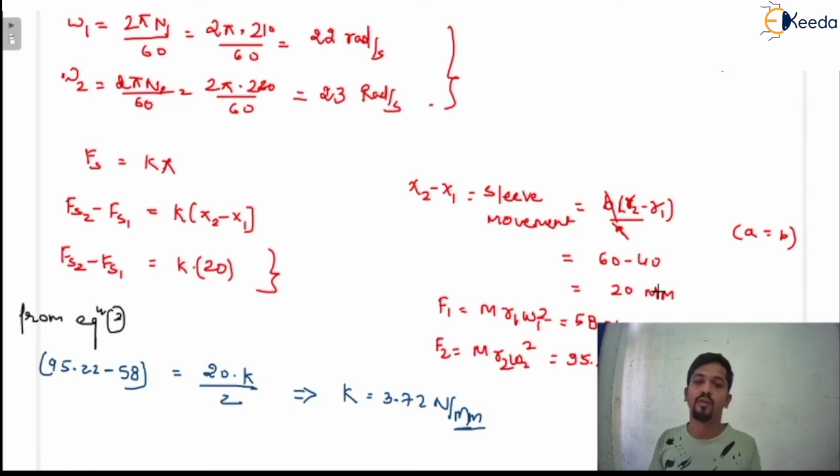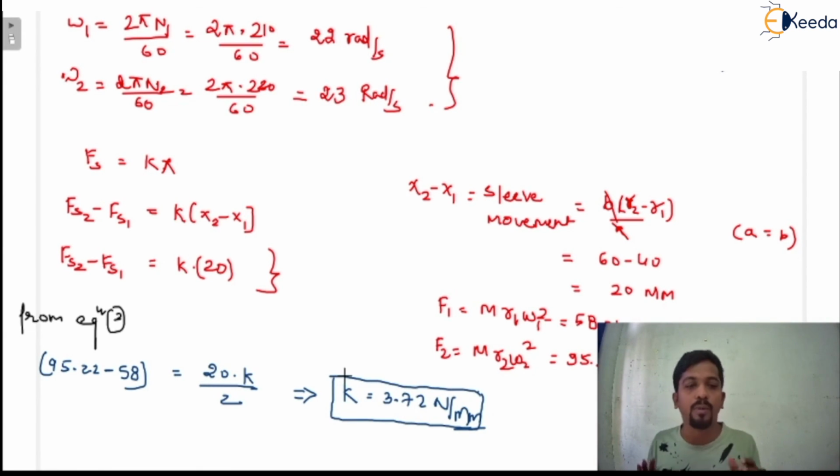But when you calculate the forces F1 and F2, you must put the radius value in meters, because we are calculating the force in Newton. That is why I calculated F1 and F2 separately, so that there will not be any mistakes.